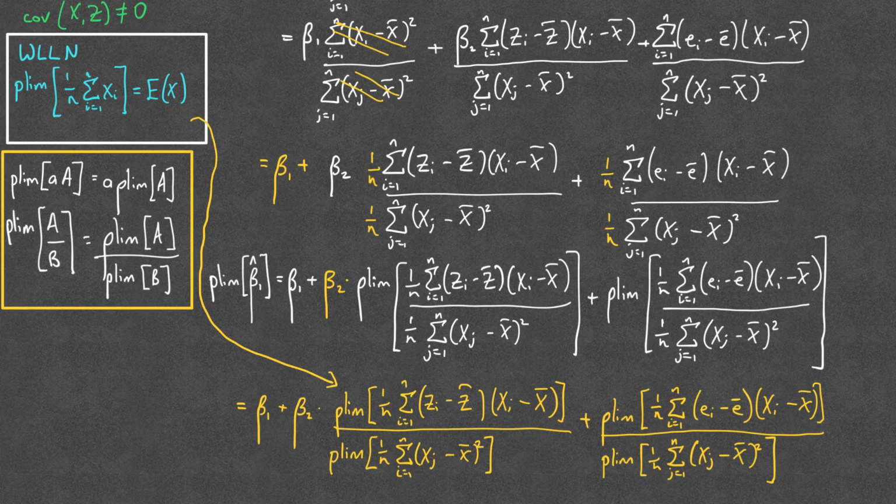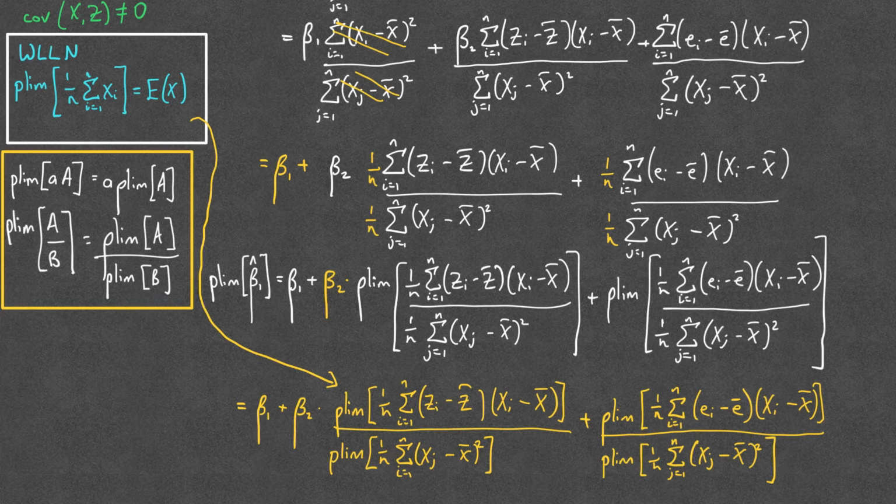So this leads us to some conclusions. Now, when we're taking probability limits, we're essentially looking at what happens to our estimator in large samples. And we can think of this term here as being the bias to OLS from omitting the variable z in large samples. So if beta 2 is non-zero and the covariance between z and x is non-zero, then not including z causes bias.